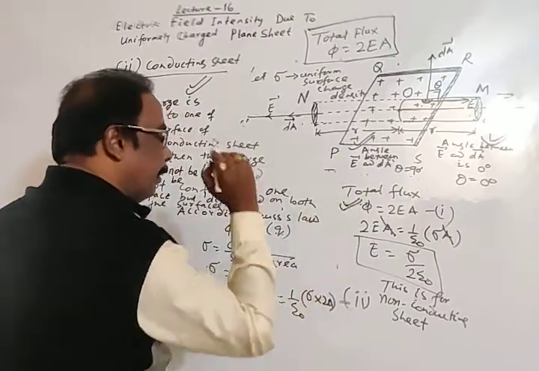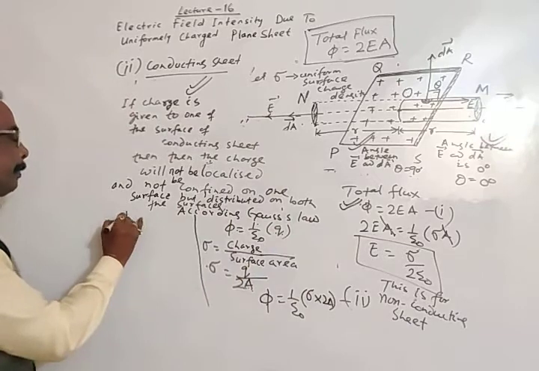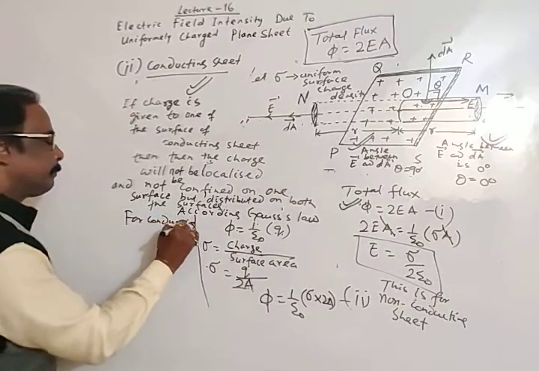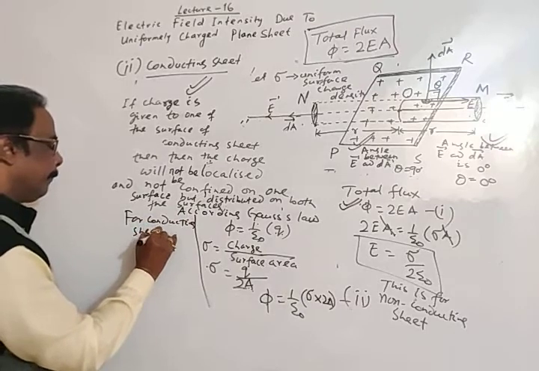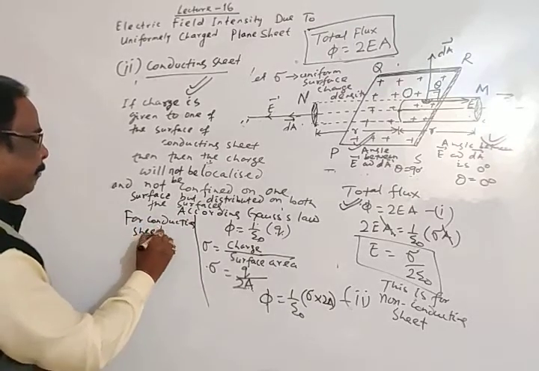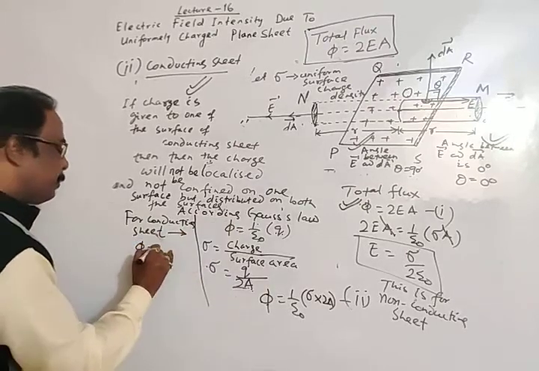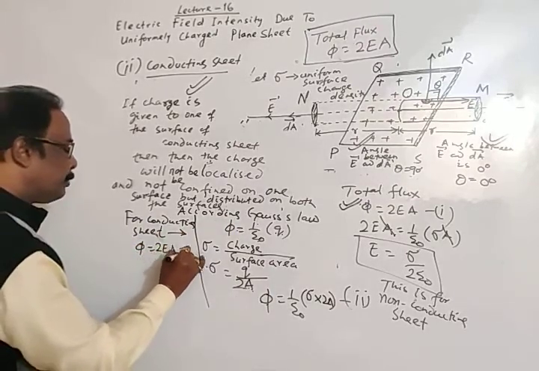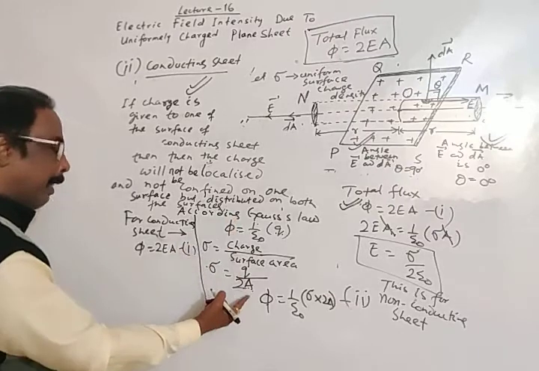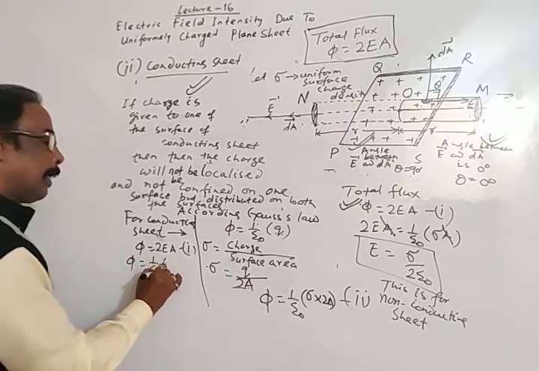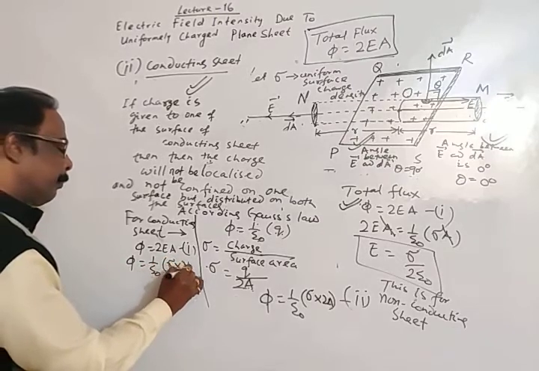Then I am solving here for the conducting sheet. Total flux phi is equal to 2EA. This is equation 1. Again, by applying Gauss law, total flux is 1 by epsilon naught times sigma into 2A.